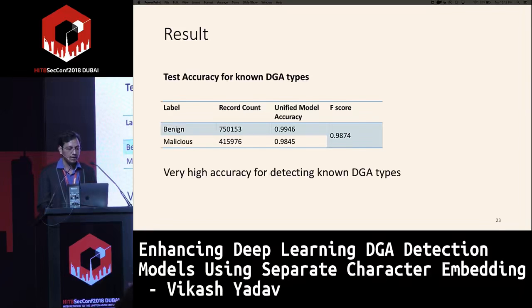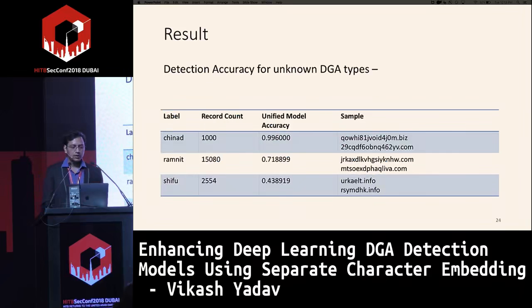What we found is that, for these 3 DGA families, for the DGA family which has samples very similar to what the model saw in the training data, it gives very high accuracy. For example, for the China DGA type, the model gave 99.6% detection accuracy, because the samples are very similar to what we passed in our training process.